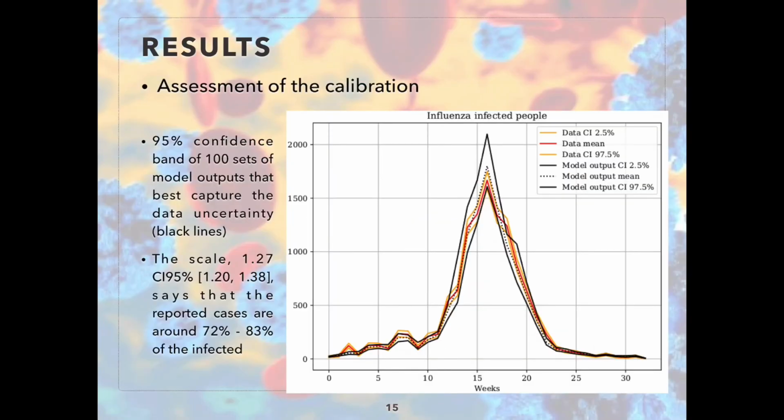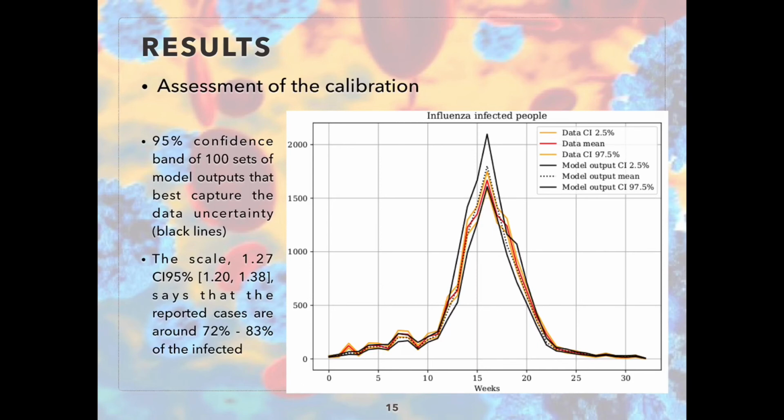The results can be seen in this slide. Black lines represent the 95% confidence interval of the model output of the selected model parameter values, and the colored lines correspond to the 95% confidence interval of the data.